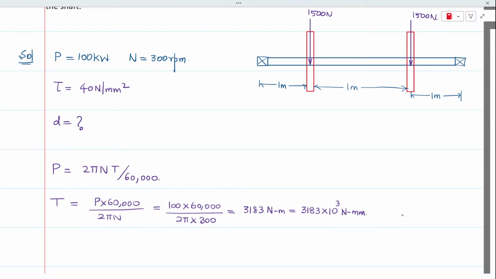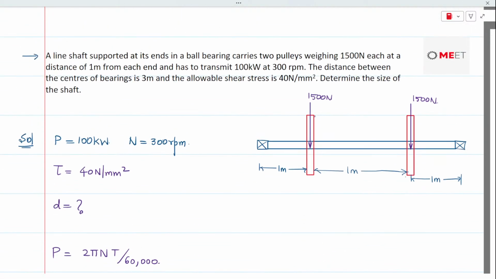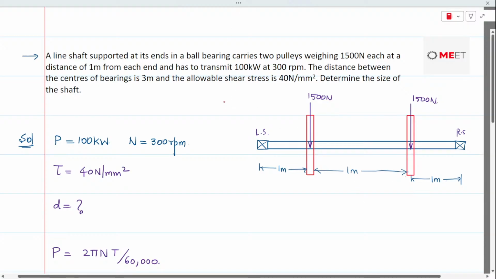Next, you find the loads of 1500 on the right side of the left support and on the left side of the right support. Both are equidistant. Hence, this is a case of symmetrical loading.